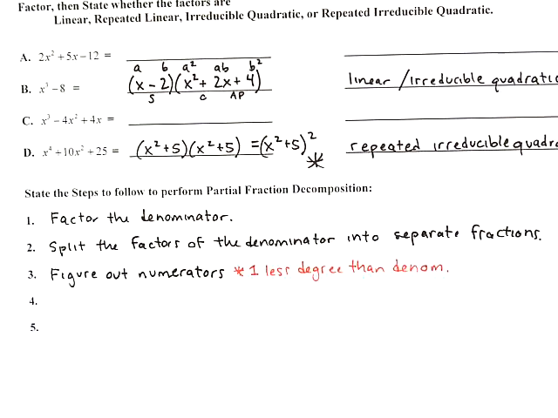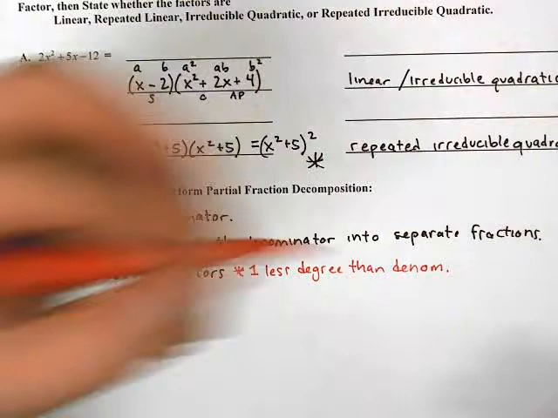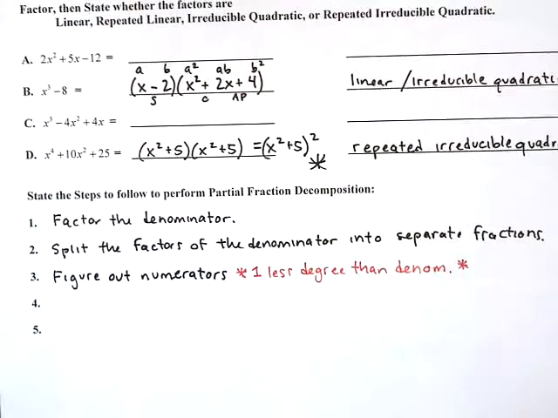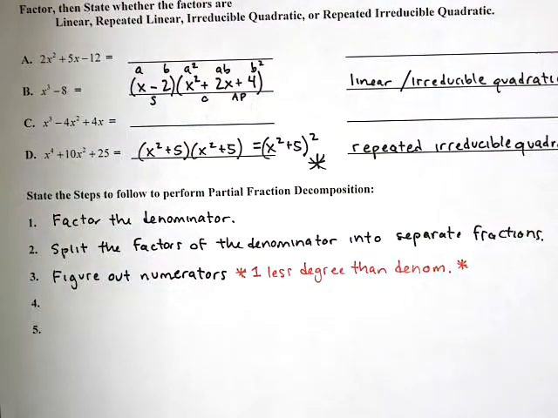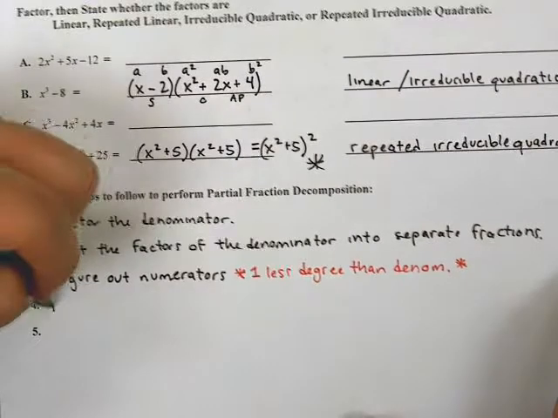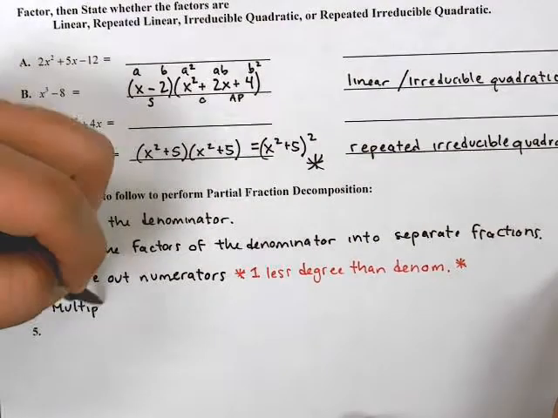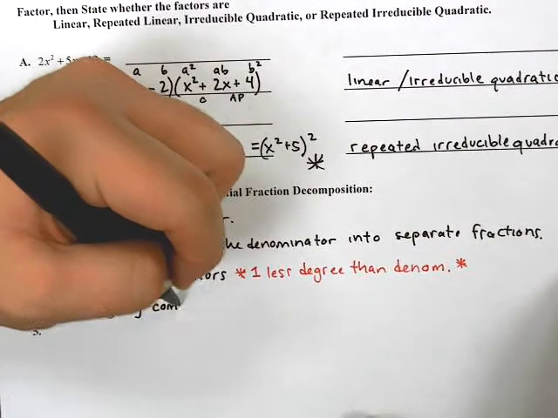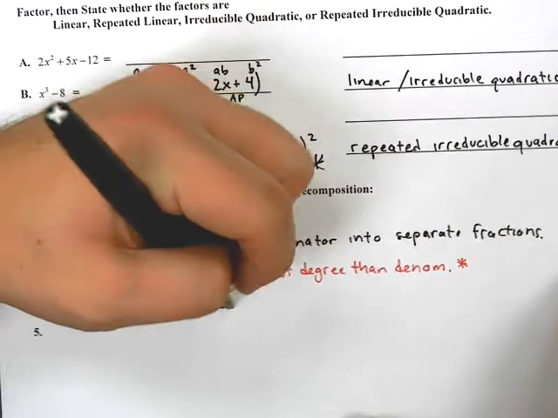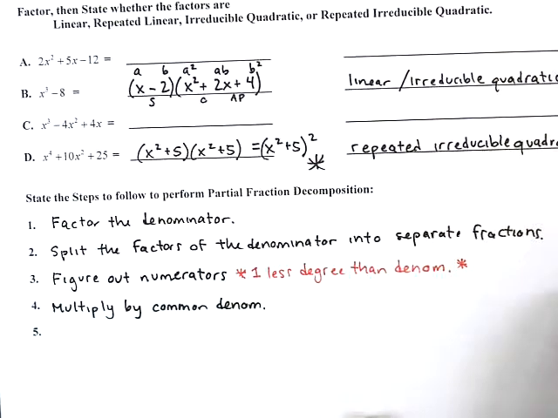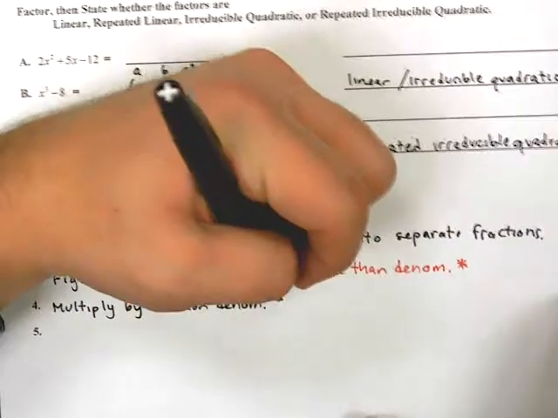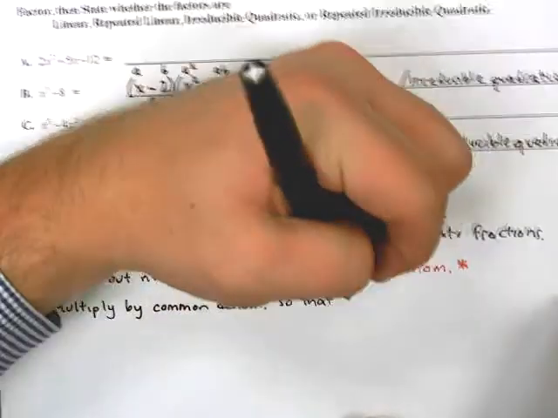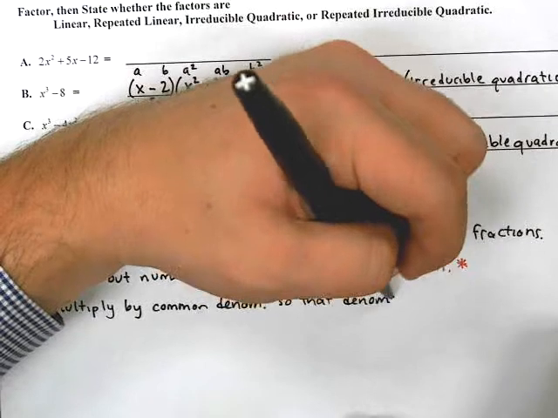One less degree than the denominator. That's important, so please remember that. That's what we were talking about at the very beginning of this video. Once we have that, we multiply by the common denominator so that the denominators cancel.